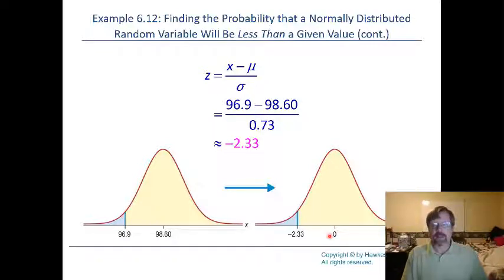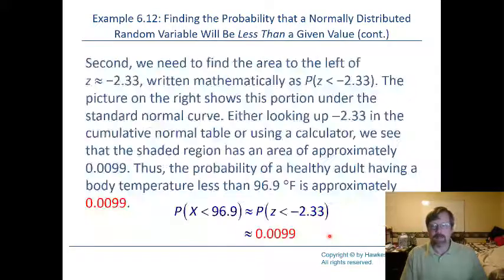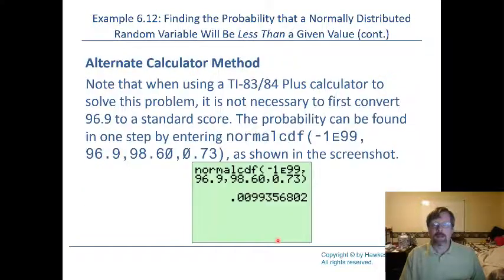So we can now look this up in the table, or use the calculator, or use the functions in Excel. However you want to do it, you should all get the same number, which is 0.0099 approximately, with some rounding. You can do this in one step in the TI-83/84.